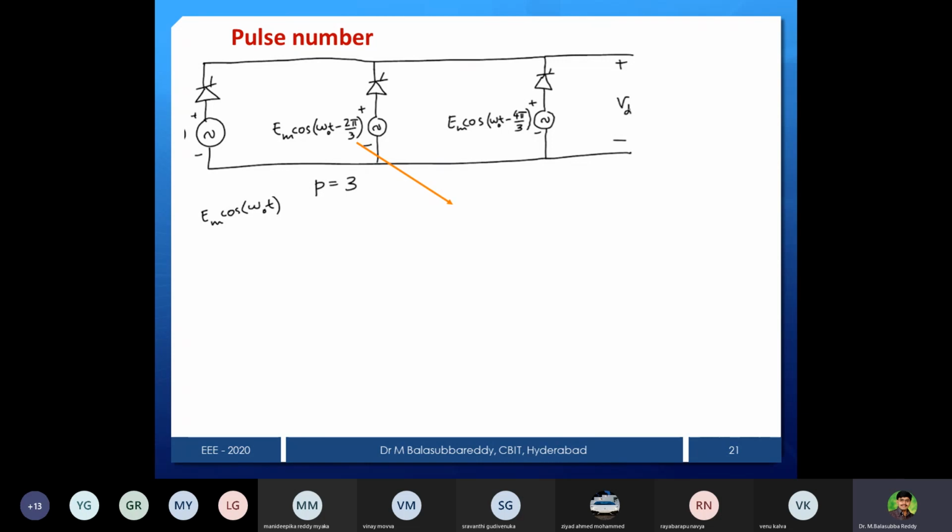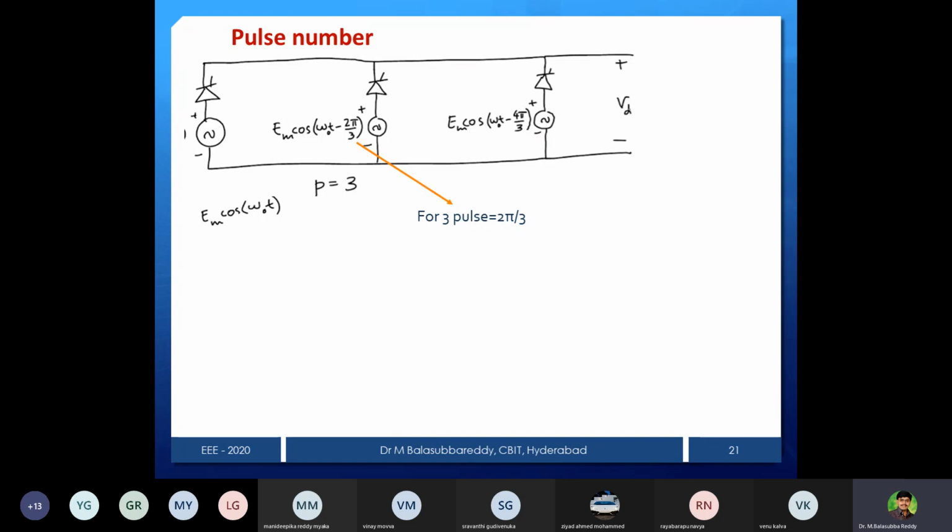Once the 3 pulse converter is connected, only 3 parallel sets or valves are connected. Like that you can connect some q number of valves.